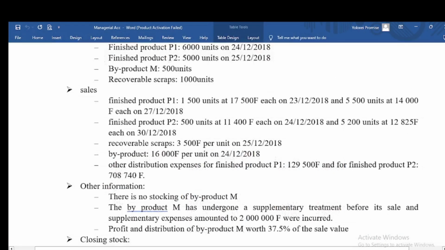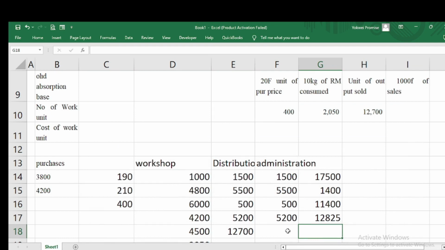Sorry about that. All right, 12,825. Okay, so from here we are going to multiply them. This times this is the administration, please. So is equal to this times this.